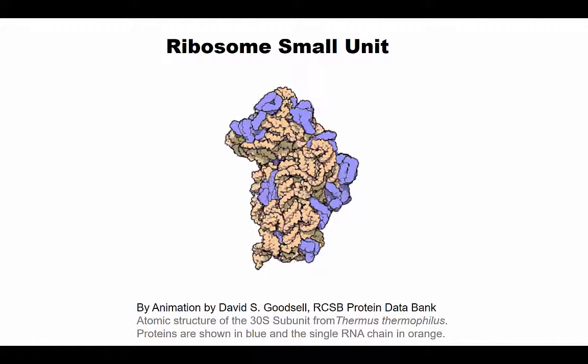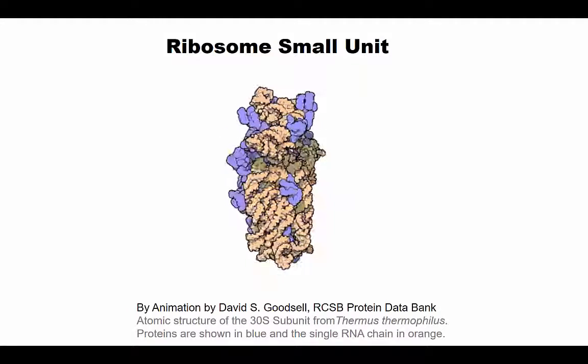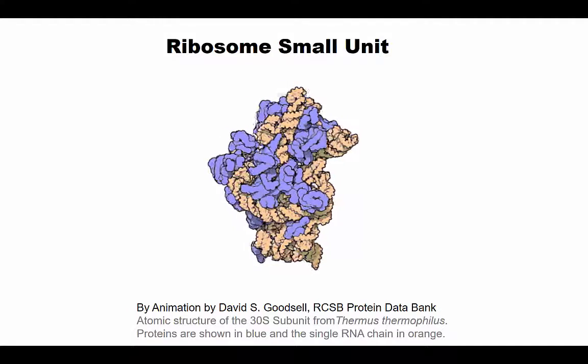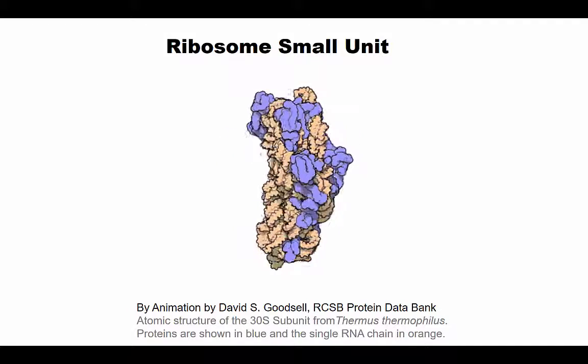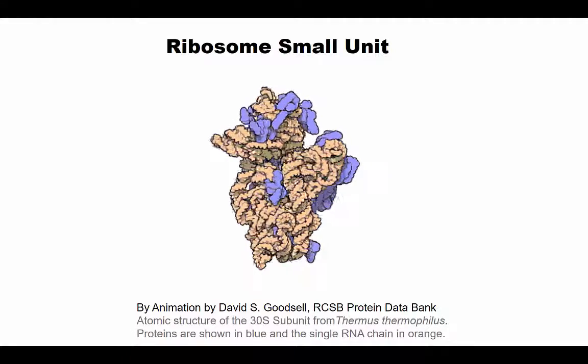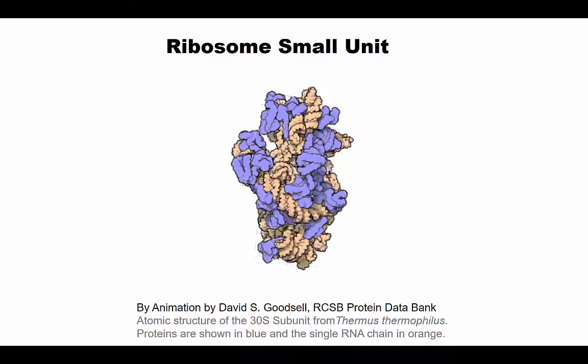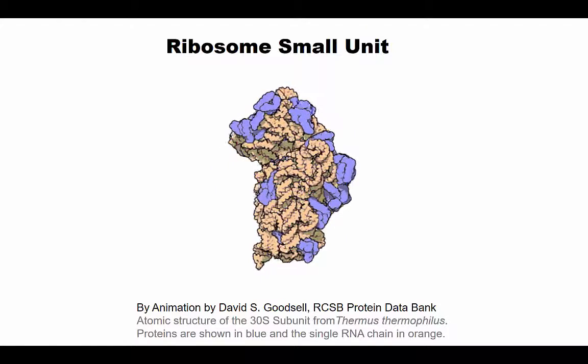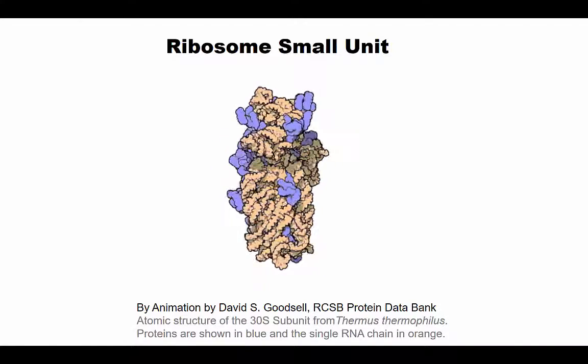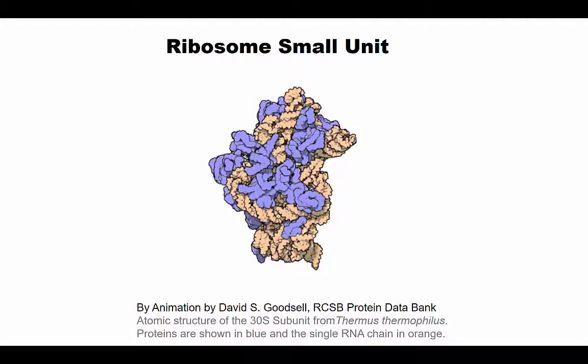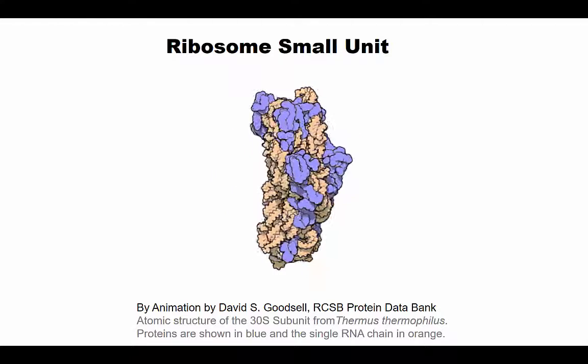So let's look at a little more detail of the ribosomal small unit. Here the blue color is protein and the orange color is RNA. Easily we can see the central scaffold is made of RNA, and the proteins are accessory motifs attached surrounding that RNA scaffold.